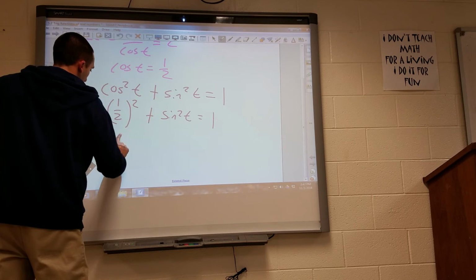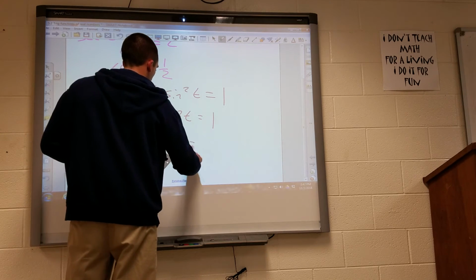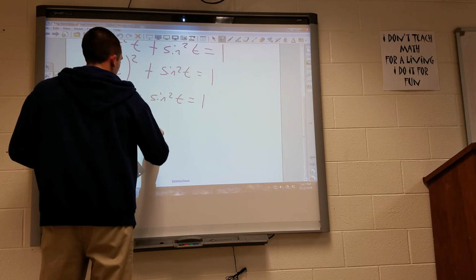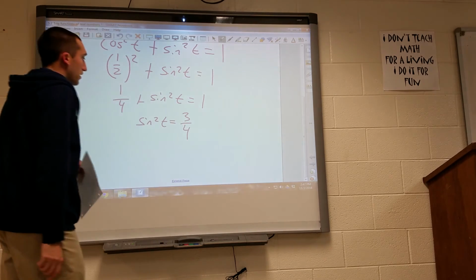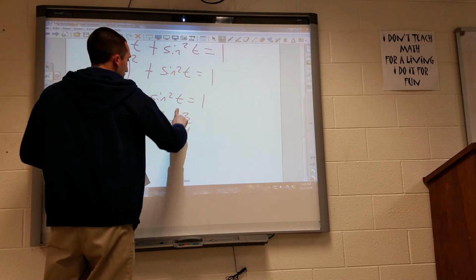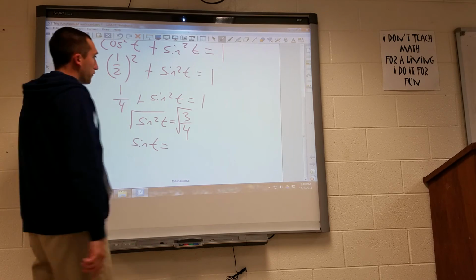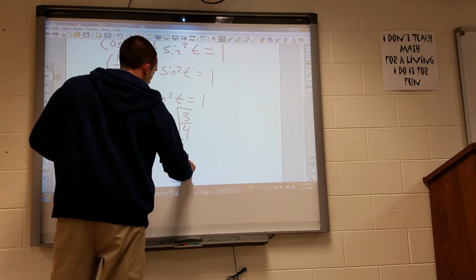So 1/2 squared is 1/4. And if I subtract the 1/4, I get sine squared t equals 3/4. And now I take the square root to get sine t, which is what I was solving for. Sine t equal to radical 3 over 2.